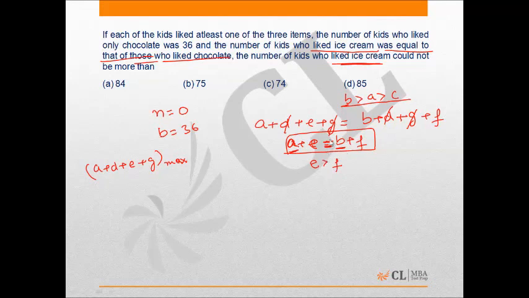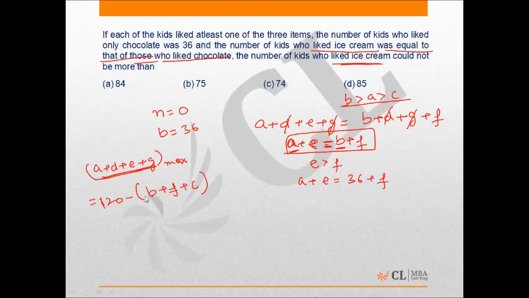Now put the value of B. Okay, so I will get A plus E equal to 36 plus F. Moving back to my maximum case, which is to be calculated, can I write this as 120 minus B plus F plus C, right, from my basic equation?